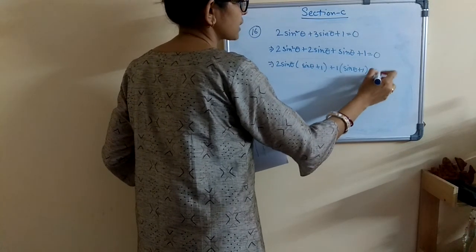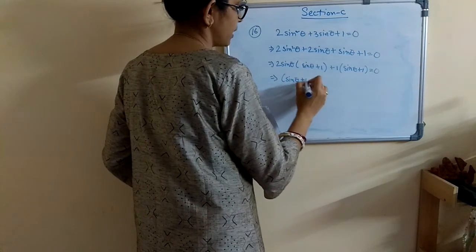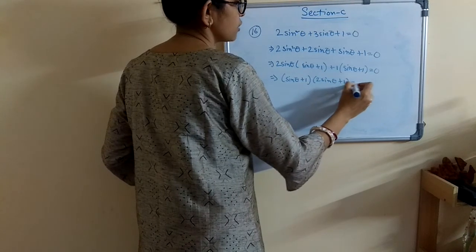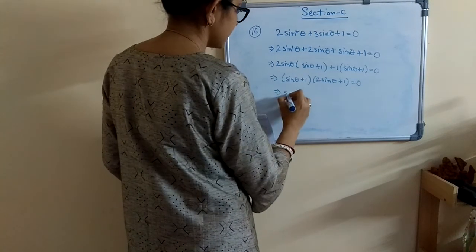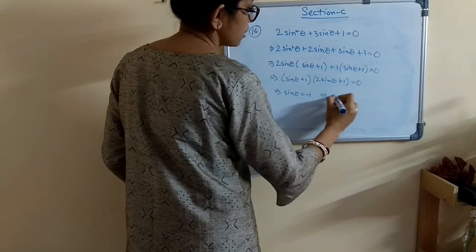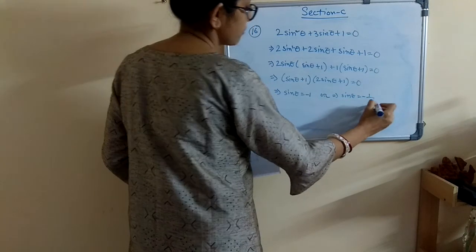So the two factors will be sin theta plus 1 and 2 sin theta plus 1. So from here we can say that sin theta is either minus 1 or sin theta is equal to minus half.